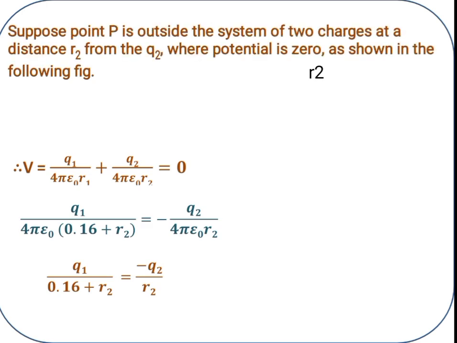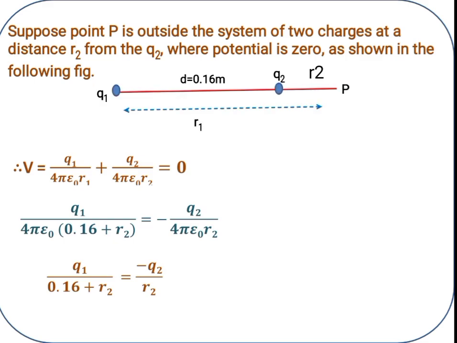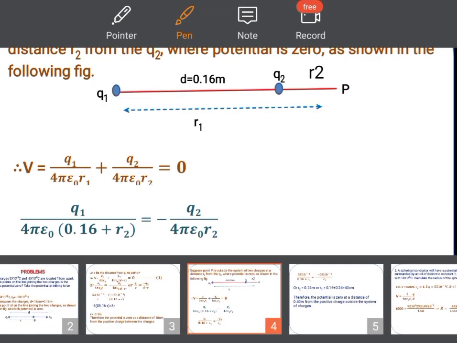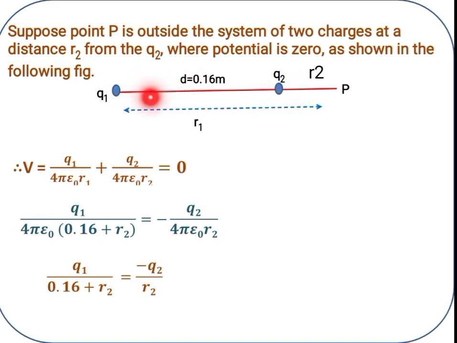Next, suppose another case in the same problem. Suppose we consider the point outside the line joining the charges, somewhere here.